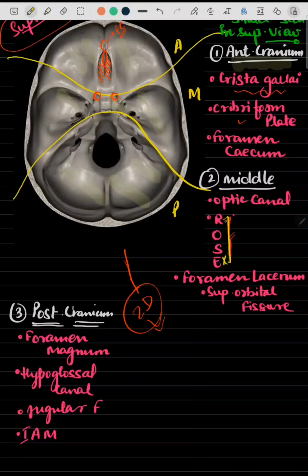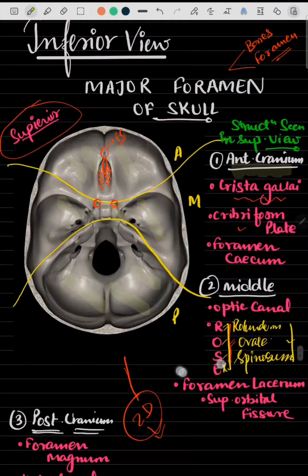E is nothing here, it's just R, O and S. R here is foramen rotundum, O is for foramen ovale and S is for foramen spinosum. As I've written this in this order, they are also present in the same order. So remember it by this mnemonic only. You will also remember the order this way.